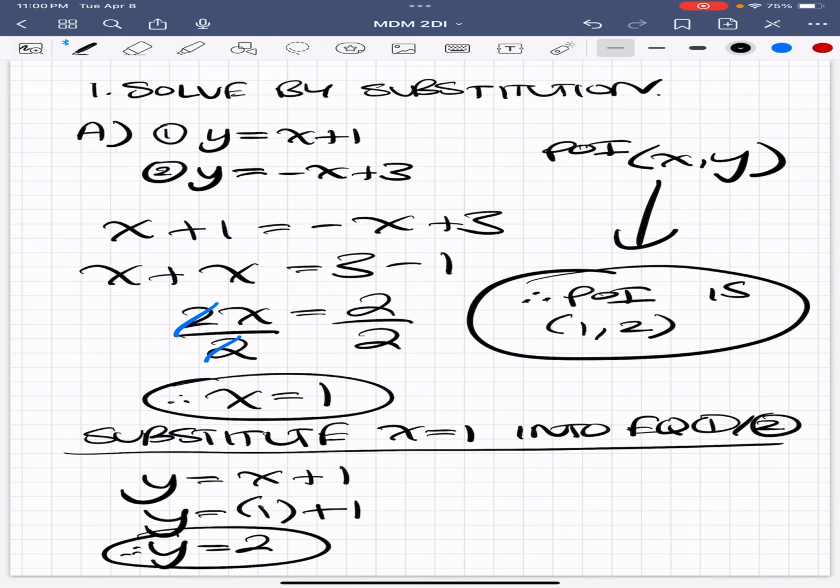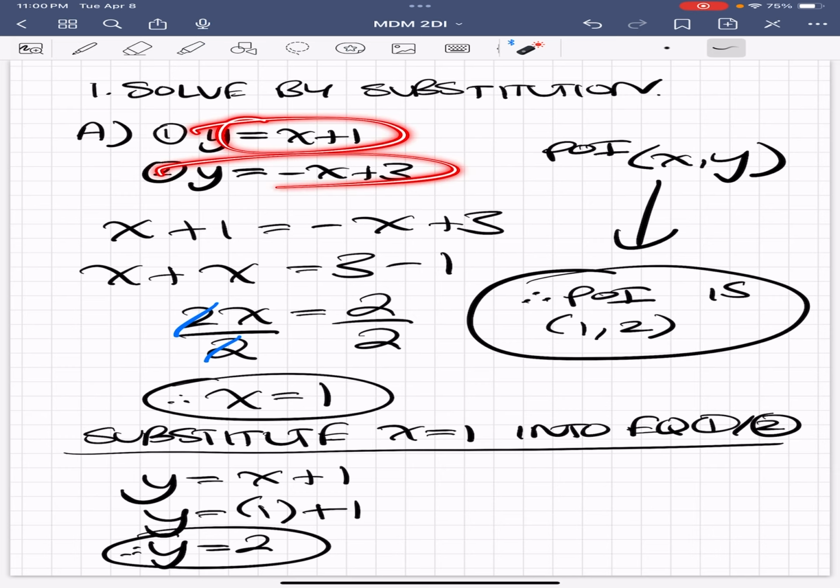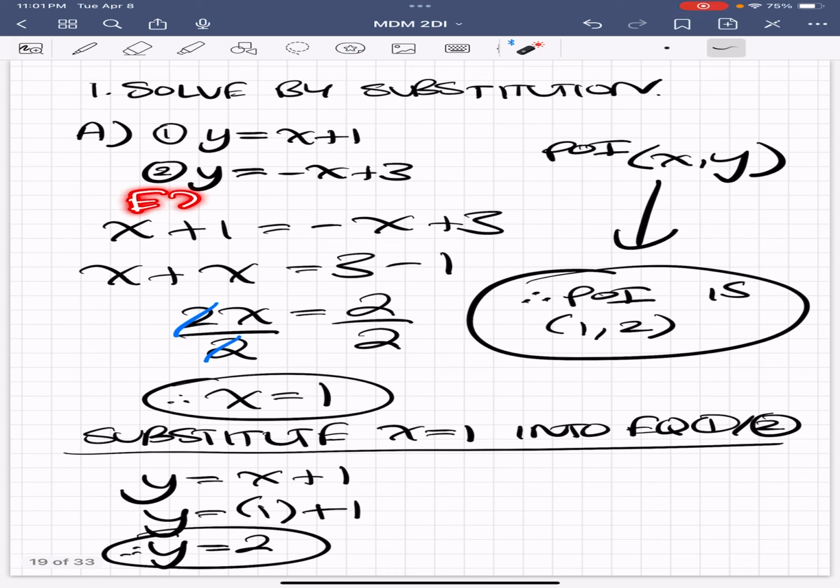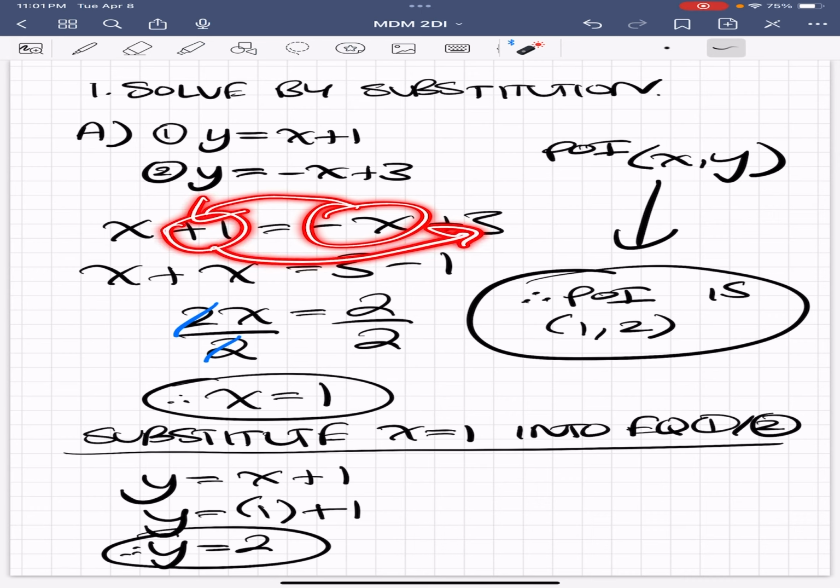Alright, so that was our first substitution question, and let's go over it. We set each equation equal to each other. I have equation 1 right here, and equation 2 right here. And then I took this x and brought it over here, and I took this 1 and brought it over here.